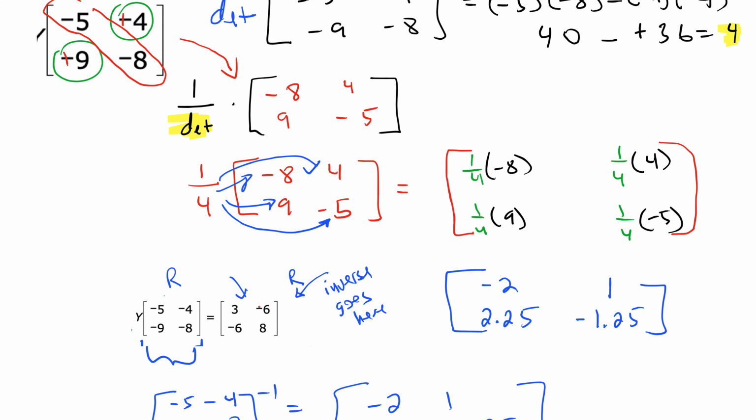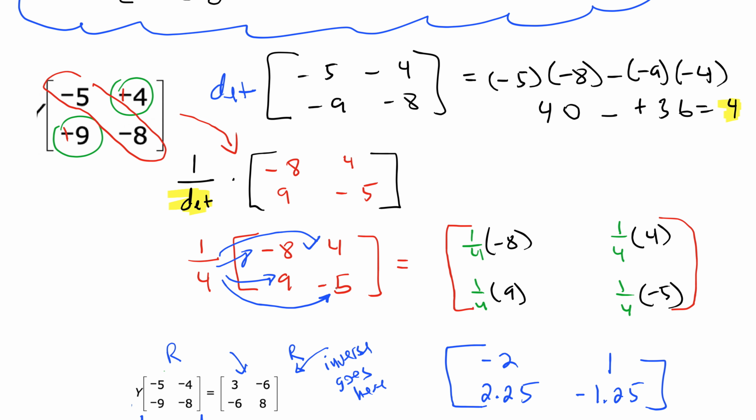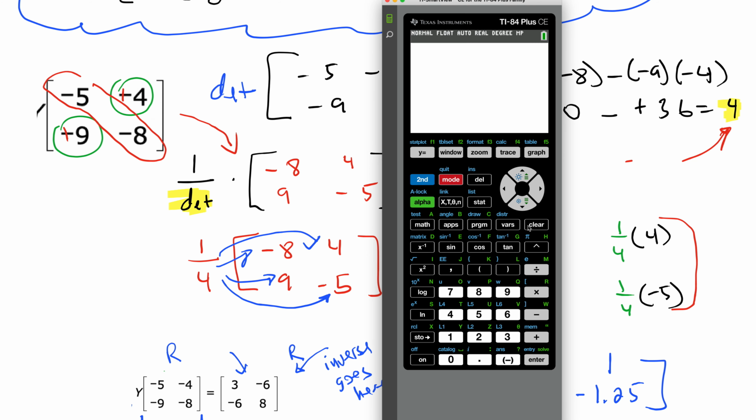Remember that 4 that we got right here? So if we go with our calculator here, second matrix, go down to math, and then the first option, determinant, and then second matrix, A. So this answer needs to be 4.